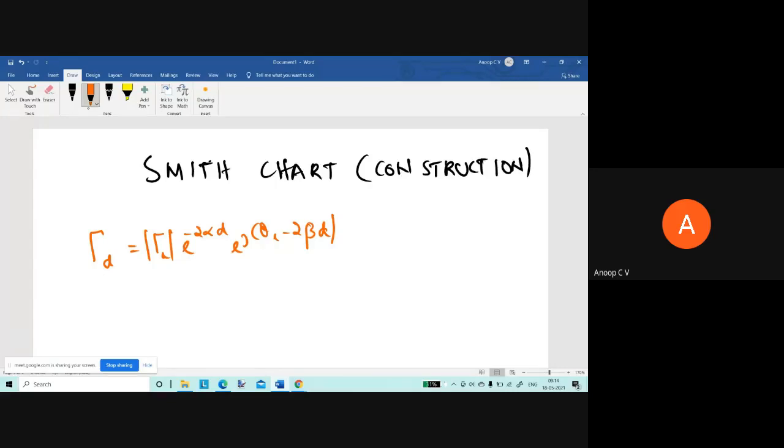So now my question is, what is the maximum value of the magnitude of gamma? If you remember how gamma is defined as V reflected by V incident, what can be the maximum value of this? And when? Can anyone tell me?